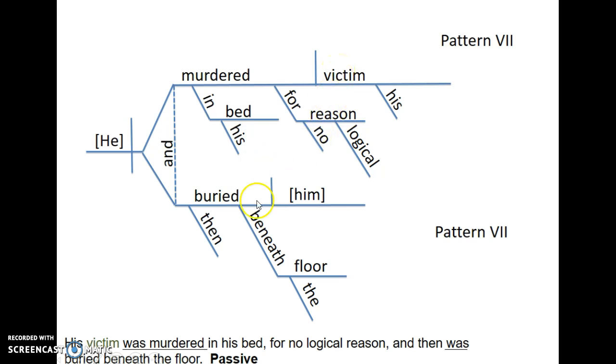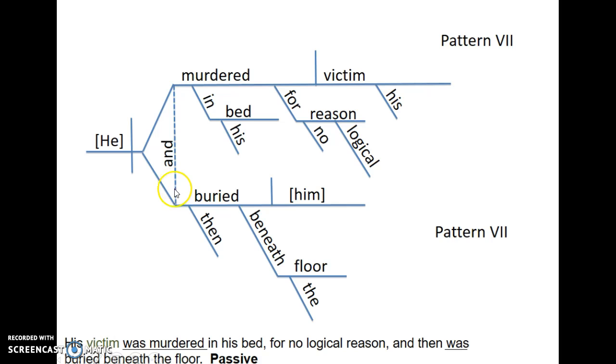And then we have a couple of prepositional phrases. In his bed is telling us where he was murdered. So that goes under the verb as an adverb. And for no logical reason is answering the question why, which is also an adverb question. So it goes under the verb. So we have the two prepositional phrases there, and then we just put the possessor for the victim. And the first clause is done.